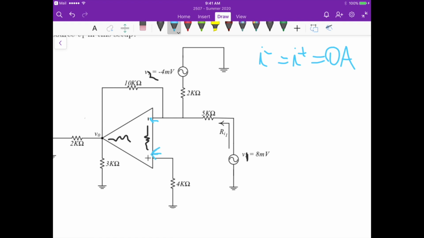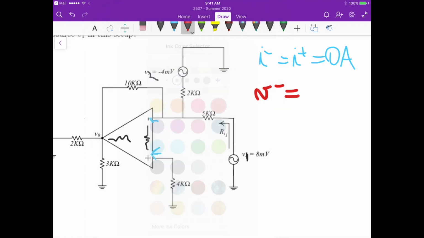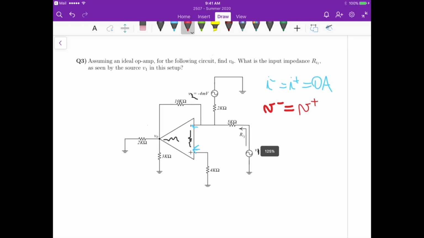So there's no current entering here and no current entering here. Another assumption for an ideal op amp is that the voltage at the inverting input is equal to the voltage at the non-inverting input. Those are the two assumptions we use for our circuit analysis. In this circuit we have a weighted summer.